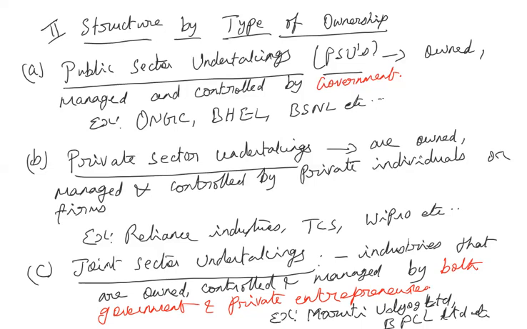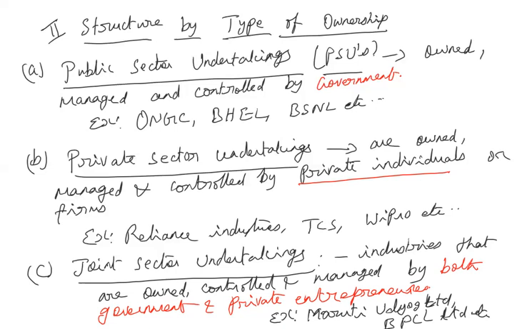Okay. So these are the three categories. The first one is owned by the government. The second one is owned by private individuals. The third, joint sector, is owned by both the government as well as private individuals. Okay. So that is based on ownership.